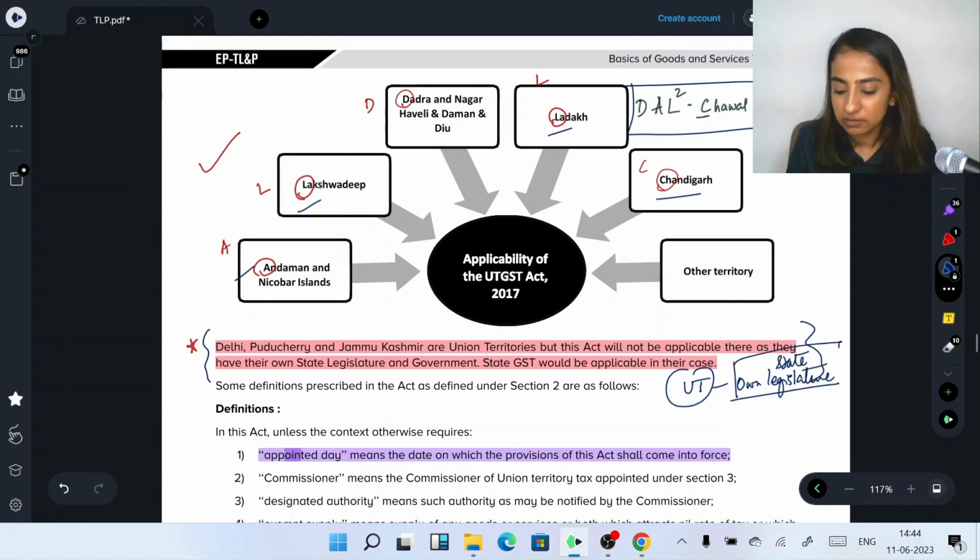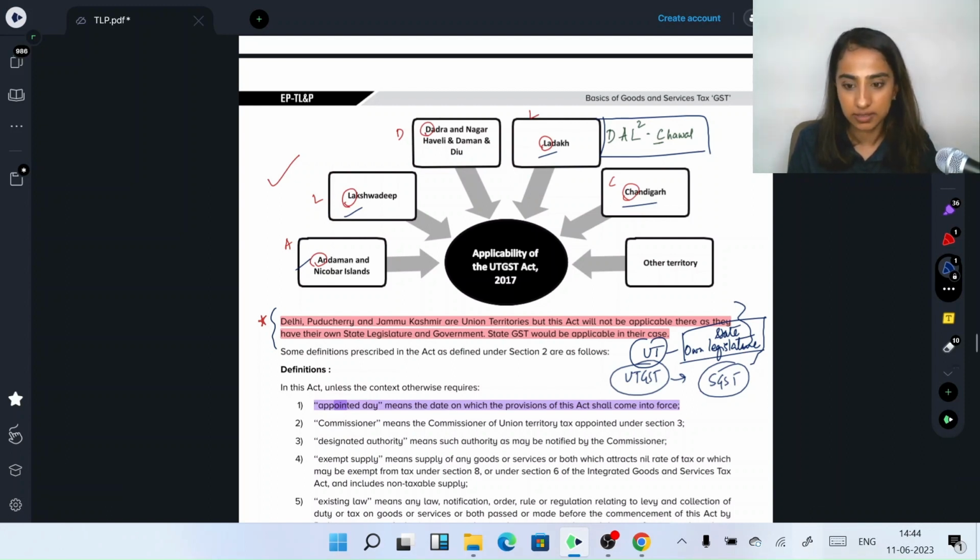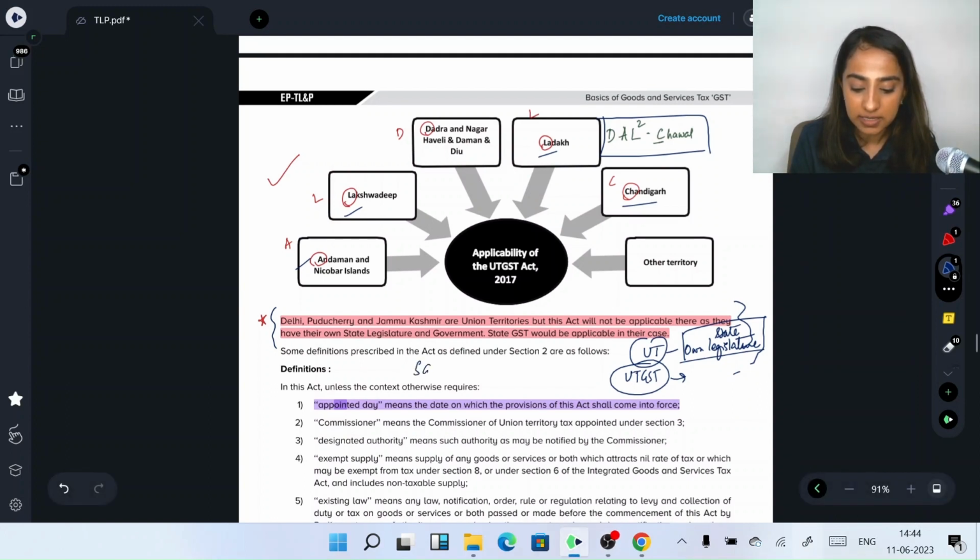So that is why this UTGST will not be applicable to that particular state, but rather it will be considered as a state and not a union territory. Are we clear? So if any one of the union territories has its own state legislature, it will not be considered as a union territory for the purposes of this act. Hence SGST is applicable, and not UTGST.